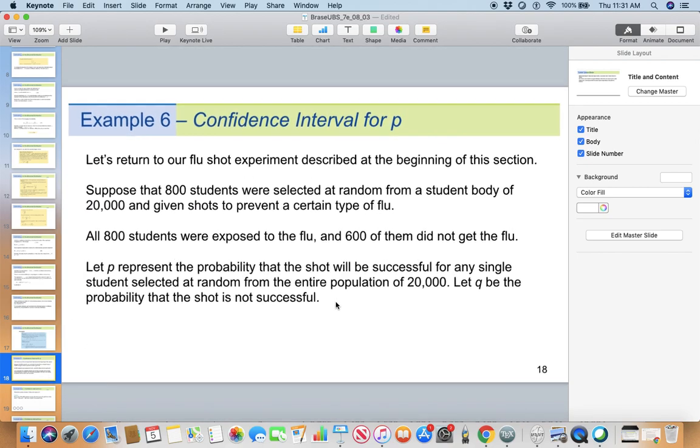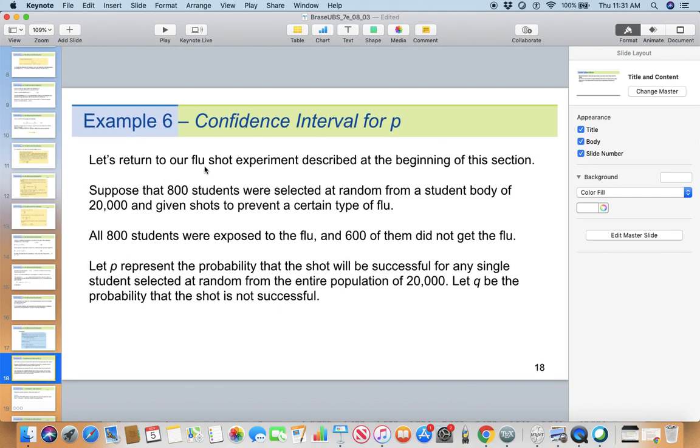Here is an example. Let's look at our flu shot experiment described in the textbook. Suppose there are 800 students selected at random from a student body of 20,000 students and given shots to prevent a certain type of flu.